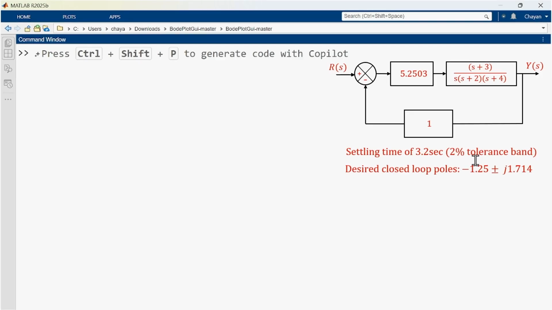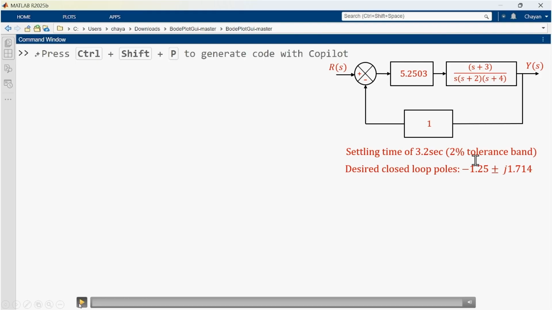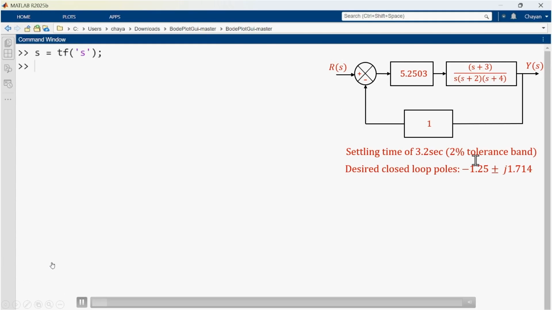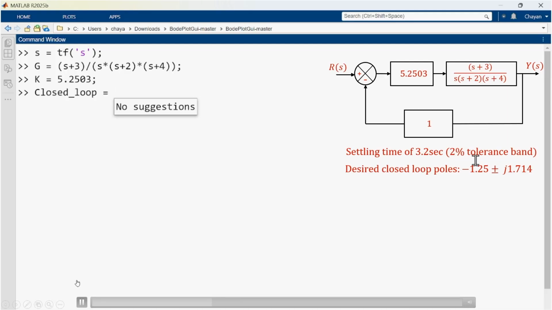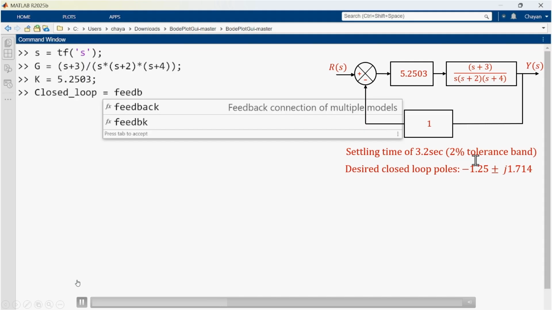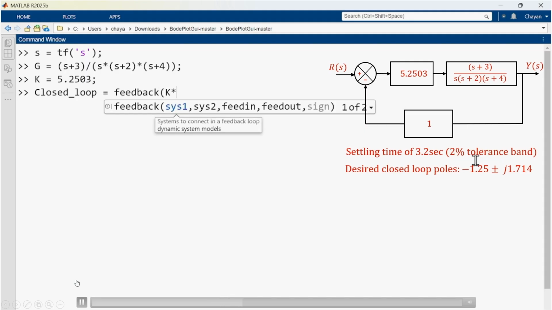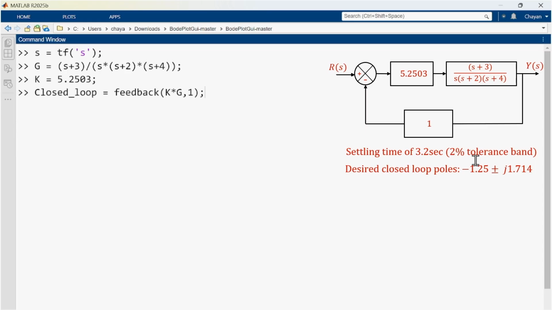Let us see that. So, here is my desired pole location. Now let us go ahead and do the same thing as we did previously: write down the transfer function first, then give the value of K, and finally write down the closed loop transfer function expression, which is given by the feedback function.